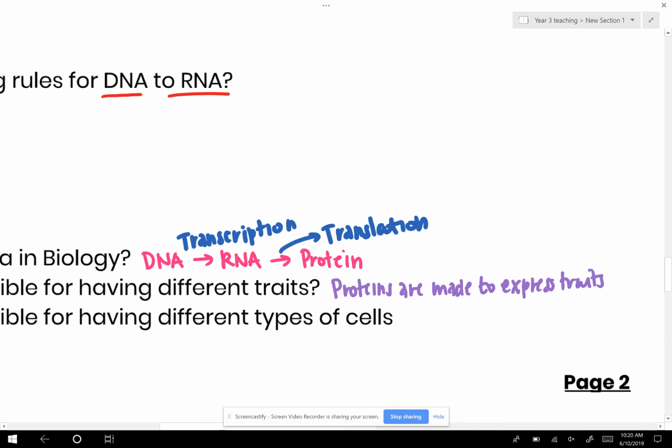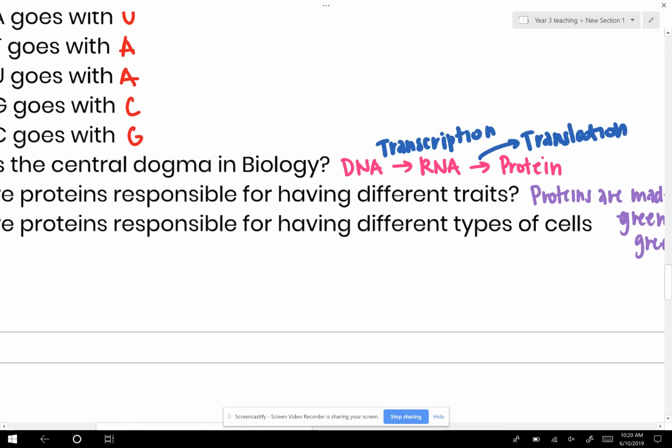For example, if you have a green-eyed protein, you're going to express the green-eye trait. So a green eye protein expresses a green eye trait. So that's how that works. For every protein, there's a specific trait that goes along with it.